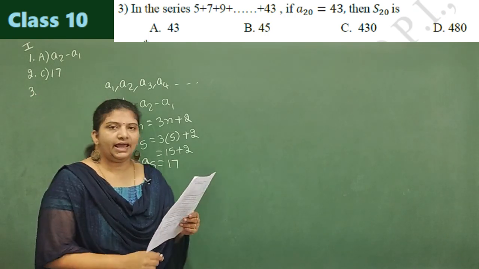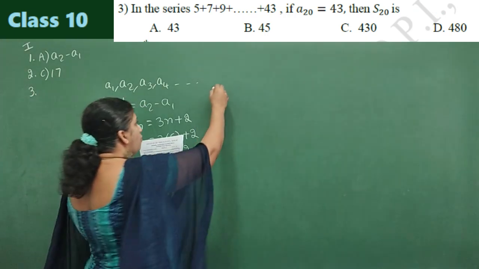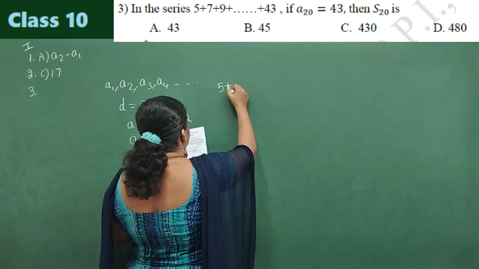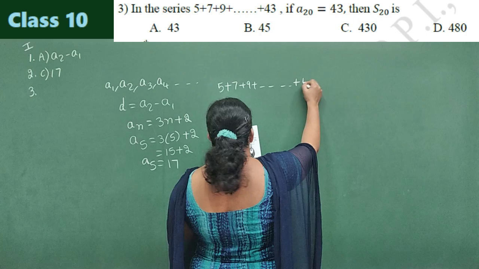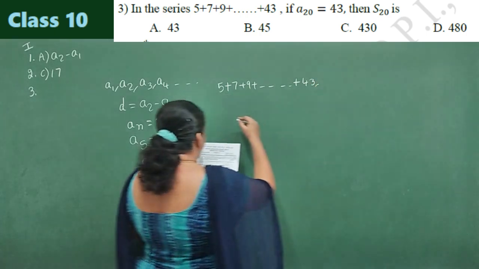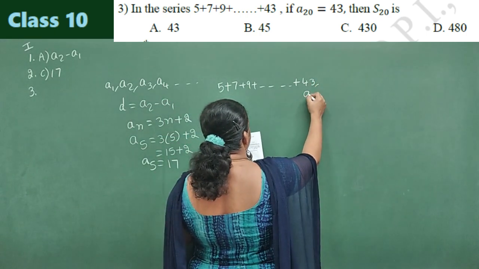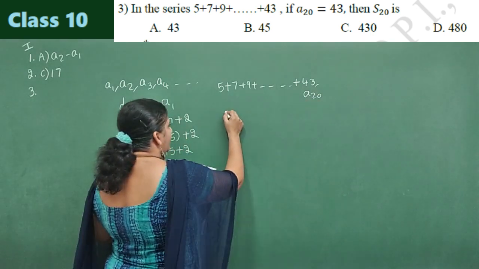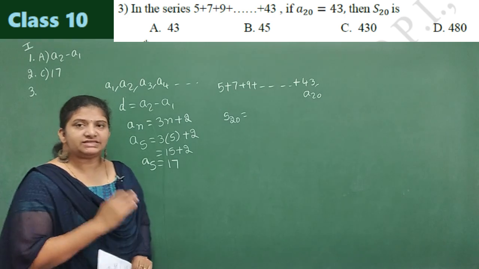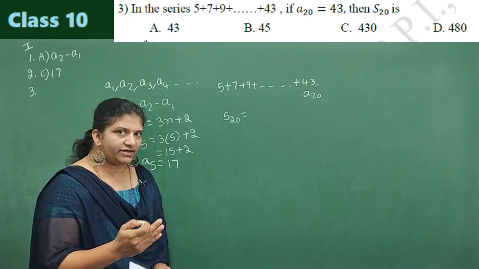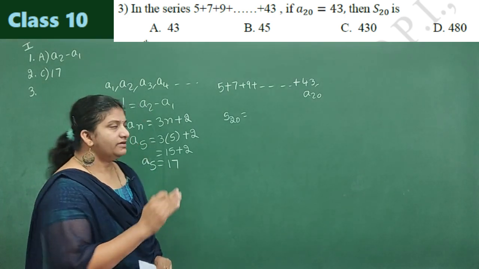Third one, in the series 5 plus 7 plus 9 plus so on plus 43, if A20 is equal to 43, then find S20. Observe the given series. Sum of the sequence is called the series, right?